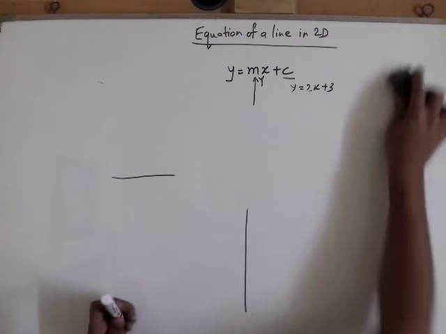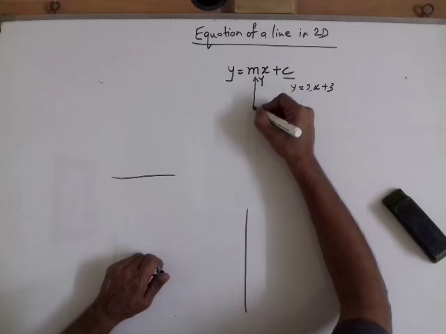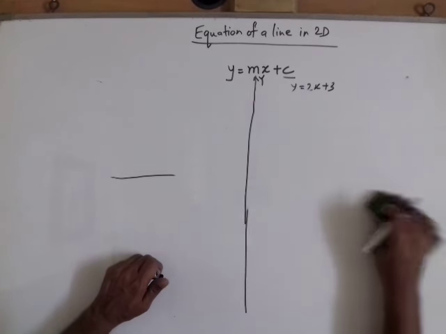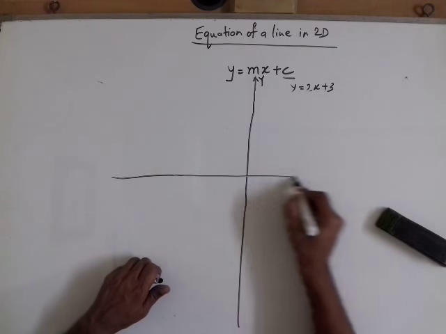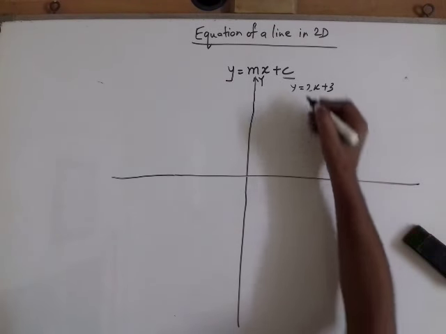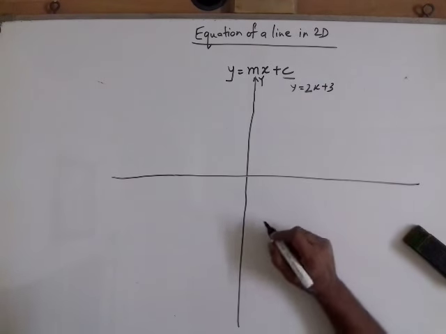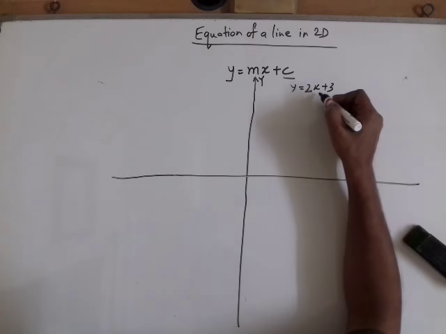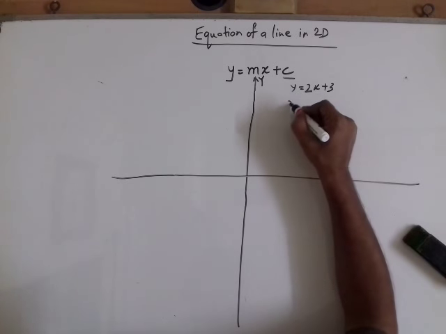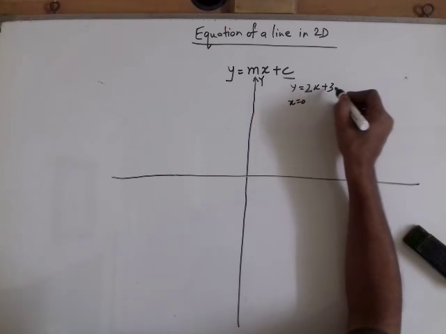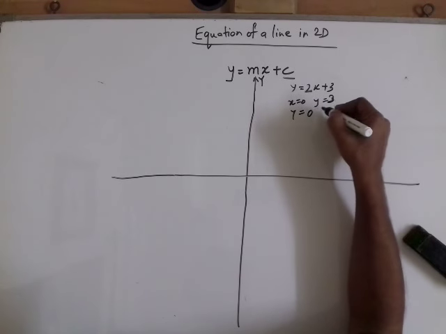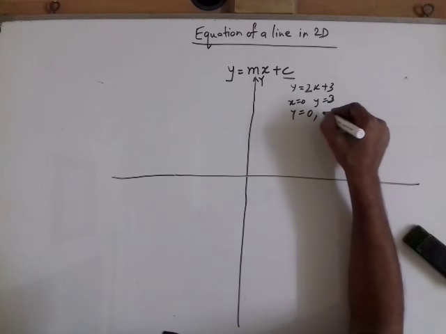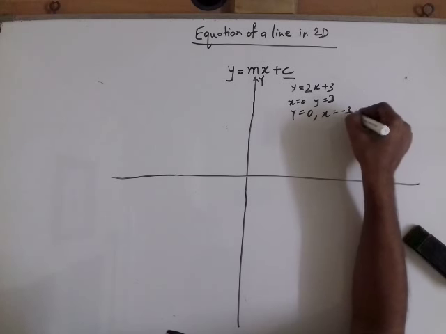To actually nail the line down, of course, all you needed was 2 points. So if you had something like y is equal to 2x plus 3, you might try x equal to 0, then figure out that y was equal to 3, and you could try y is equal to 0, and then figure out that x was equal to minus 3 by 2.